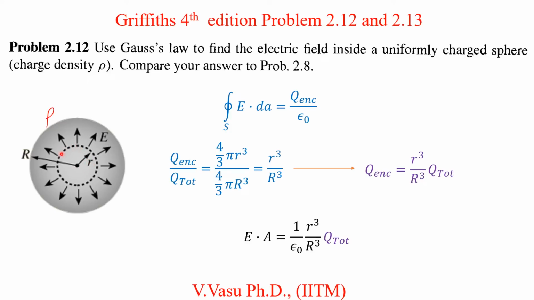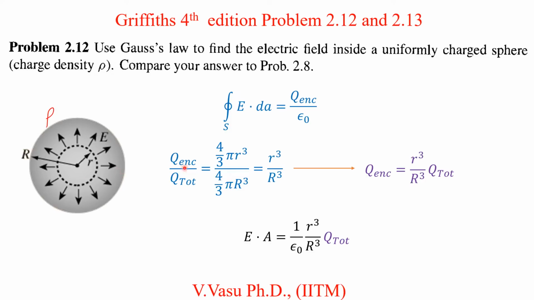The charge is uniformly distributed, so we have to find the charge inside this sphere of radius small r, which is the charge enclosed by this Gaussian sphere. According to the integral form of Gauss's theorem, the surface integral of E dot dA is equal to Q enclosed over epsilon naught.